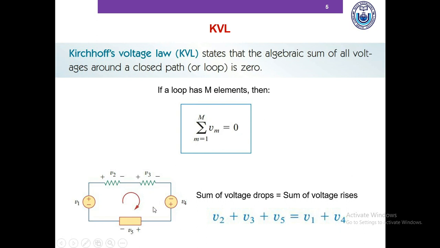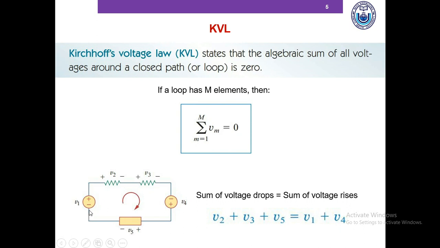So let me show KVL with an example. So for instance, let's say in this circuit we go counterclockwise, and we start from here, and as we go counterclockwise, we'll just note the voltage drops, and then we'll note the voltage rises, and we'll just sum them and just equate them like this. So as we go from bottom to top here, we go from lower potential to higher potential.